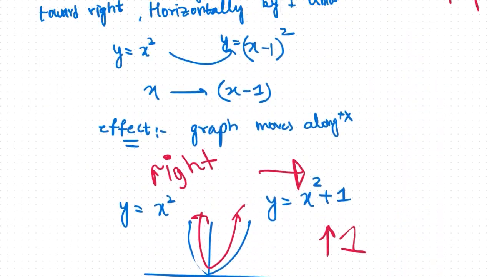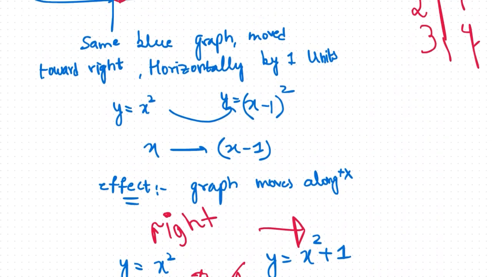Since it's being squared. See, notice the difference. X has changed to x minus 1, right? In the formula, x has changed to x minus 1. Do you understand? The difference between this one and this one is x has changed to x minus 1.